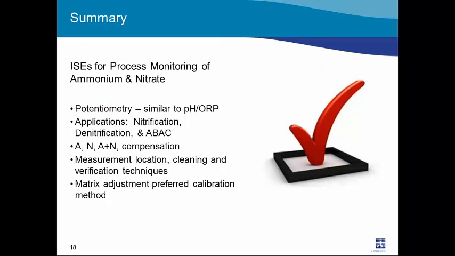The different types of probes out there include ammonium, nitrate, probes with ammonium and nitrate, and of course selecting the compensation, whether that be potassium or chloride. Measurement location is very important, as well as proper cleaning and verification techniques. And we discussed specifically the preferred calibration method and how to execute that in the IQ SensorNet 2020 XT.